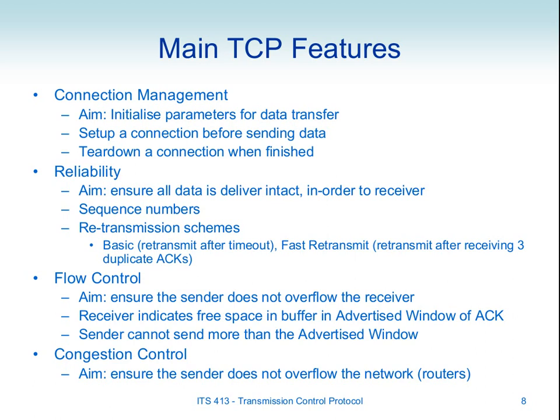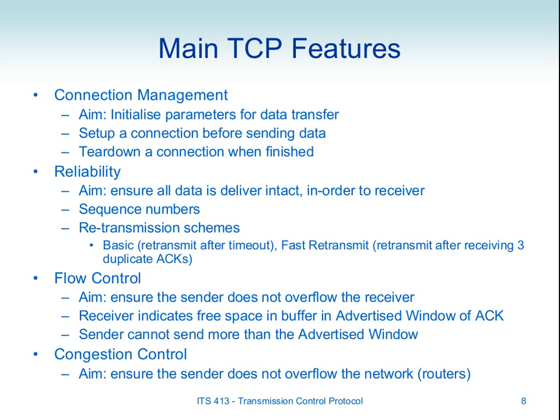The aim is to make sure all the data is delivered to the receiver with no errors, and in particular, in order. If I send 3 sets of data, then it needs to be delivered in order at the receiver, 1, 2, and 3. It should not be rearranged between the sender and receiver. So reliability is the main feature.